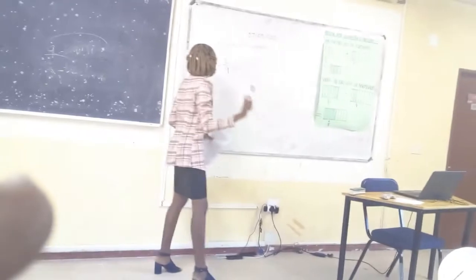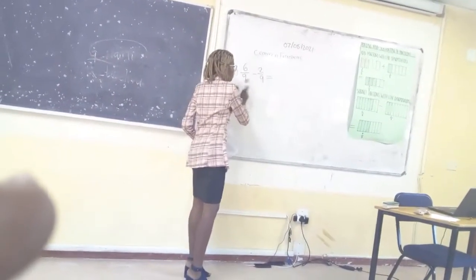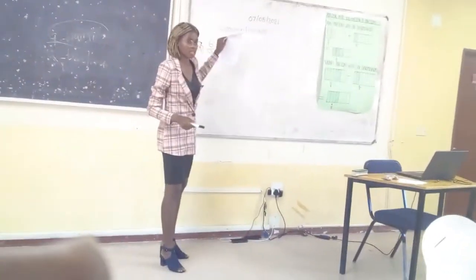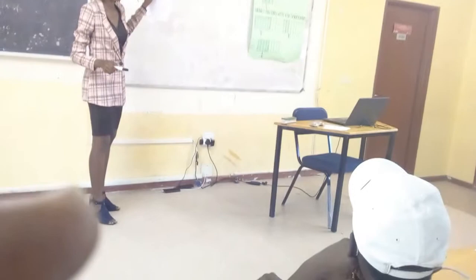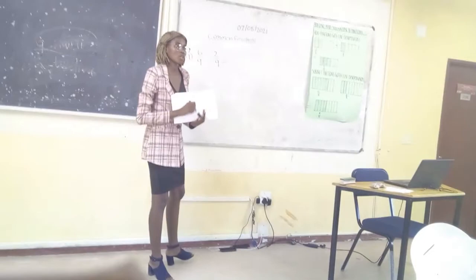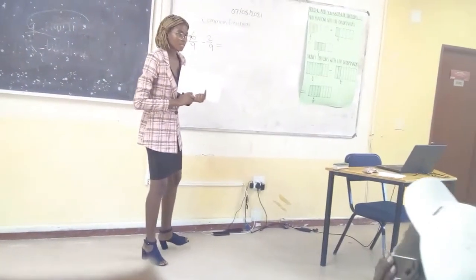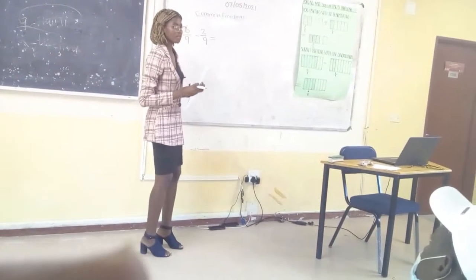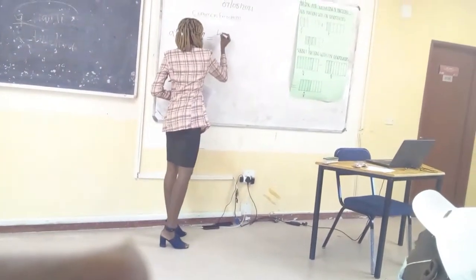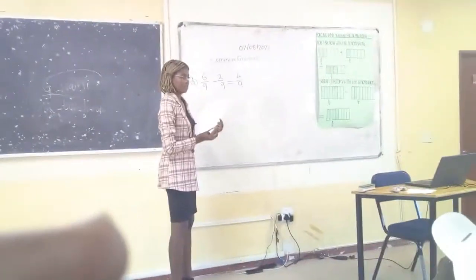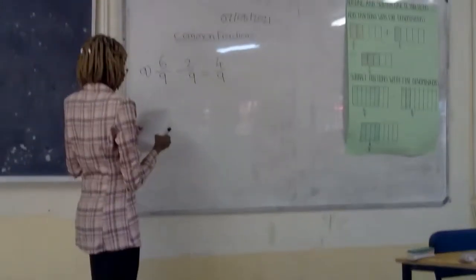Before you subtract the numerators, all of you should concentrate on the denominator as well. You don't just run into subtracting the numerators. Understand? You should focus on the denominator first. If they are the same, that's when you are going to subtract the numerators. So in this instance, 6 minus 2 is equal to what? 4. So the answer is going to be 4 over 9. 4 over 9. Very good.